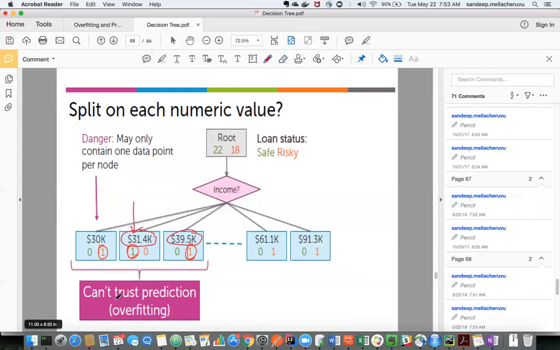He may get some other number which is not present in this tree. Here we have 31.4, 39.5. Let's say for a new loan application, I found that 32.6 is the income for that person, and it is not there in the tree, which is a problem, right? If something is not present in the tree, how do I proceed?